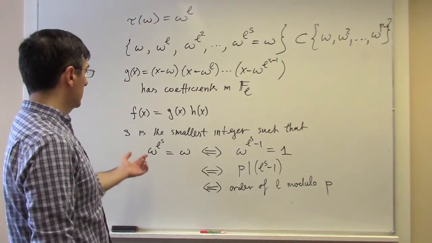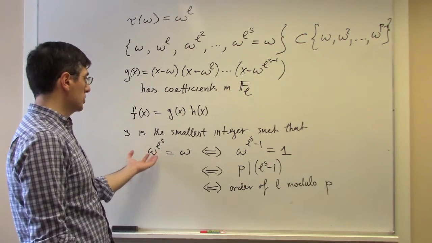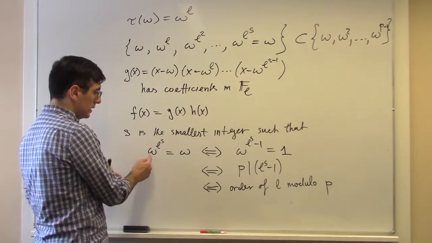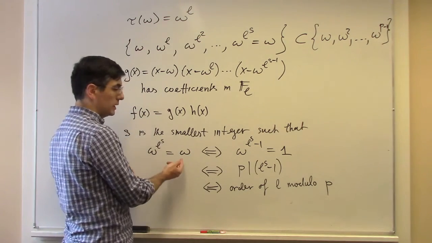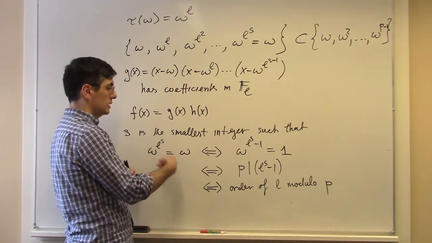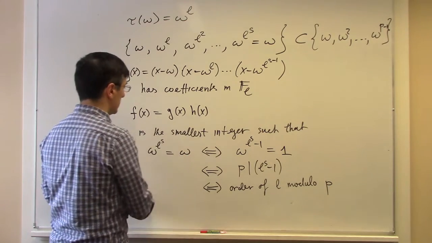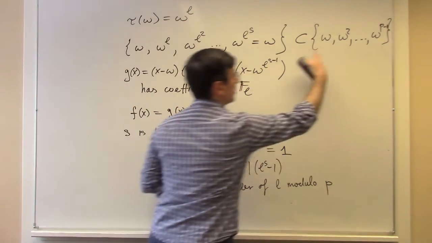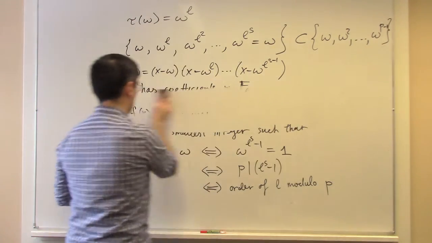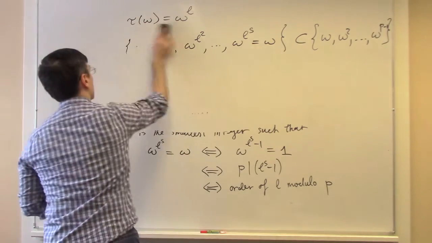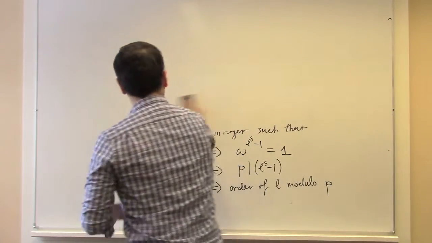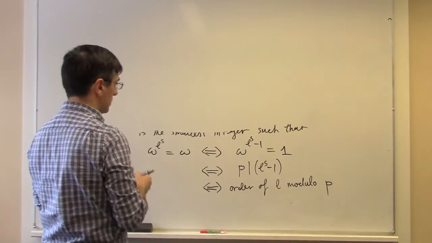Now, what I was saying is that it does not depend on which omega you choose. How do you see this? I did not use anything specific about omega, except that it's a primitive p-th root of 1, right? So its p-th power is 1, but not any smaller power. And all of them have that property. So if I just apply the same argument with omega^i, I will reach the same conclusion.